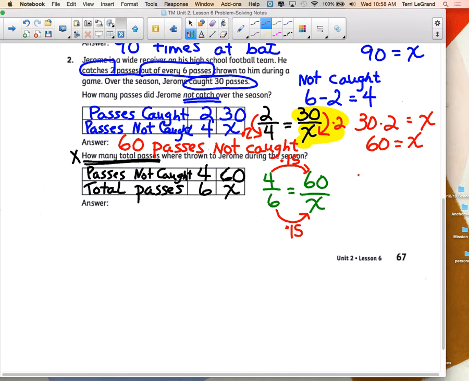Before we do that, we have to write our equation, don't we? Yes. 90 is our X. 90 what? Total passes. 90 total passes.